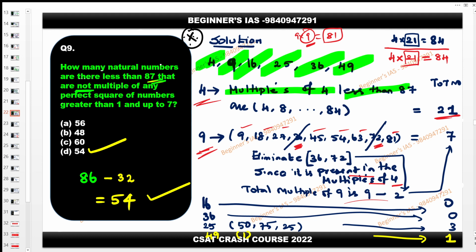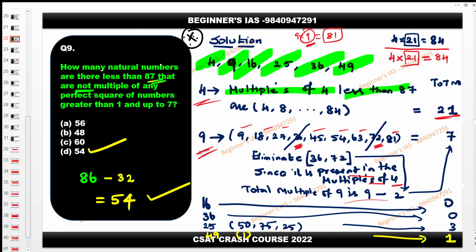You can say 6. Yes or no? 6 is a natural number less than 87, and it is not a multiple of any of the perfect square numbers 4, 9, 16, 25, 36, 49. Isn't it? Like this, 54 such numbers are there. Understood? Having doubt?